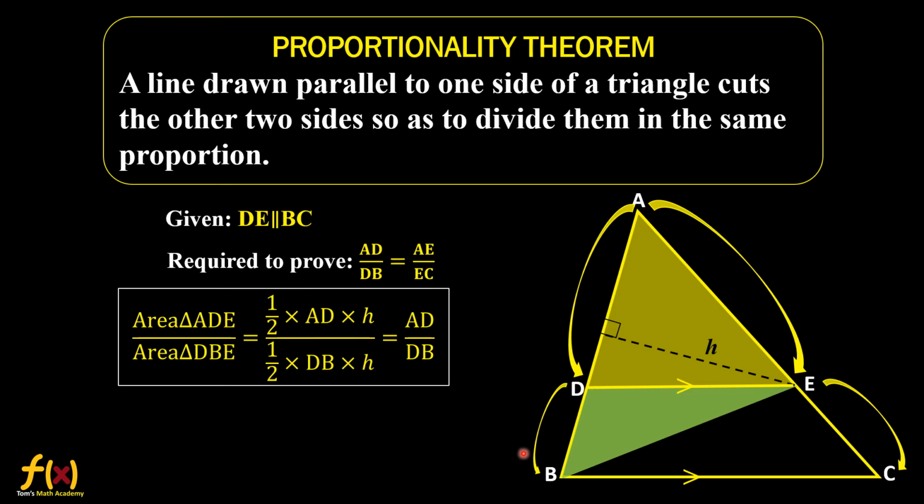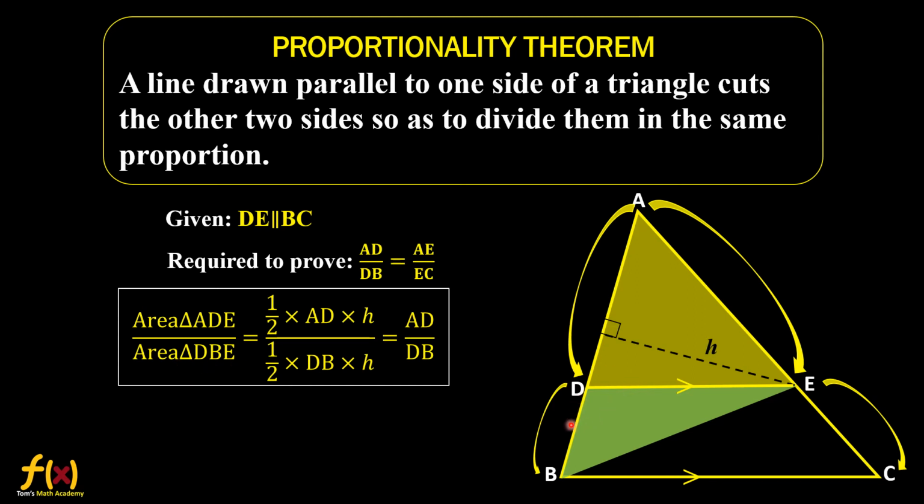Now we write this step. Area of ADE divided by area of DBE. What is the area of ADE? Half times base, that is AD, times height. You understand? Okay. Divided by area of DBE.